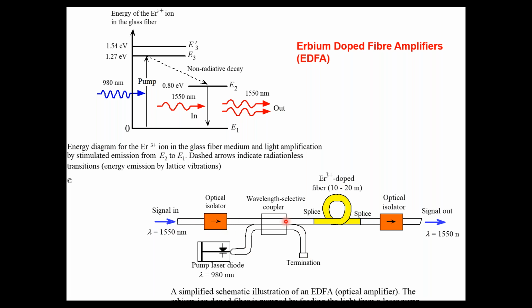You have the 1550 signal coming in, and a 980 nanometer local pump laser diode is incorporated using a coupler. This is the region where you have the erbium doped fiber, which replaces the original fiber. It can amplify the 1550 nanometer signal because of the property of the erbium that is doped in the structure.